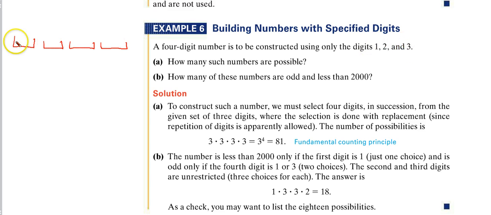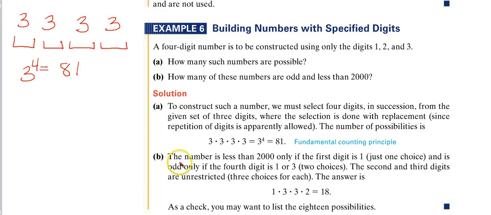Well, how many could go in the first digit? Well, there are 3 possibilities. How many in the second? Well, 3 possibilities there. And in the third, 3 possibilities. And in the fourth, 3 possibilities. So this is 3 to the fourth, which is 81. There are 81 possibilities. And this follows the fundamental counting principle.